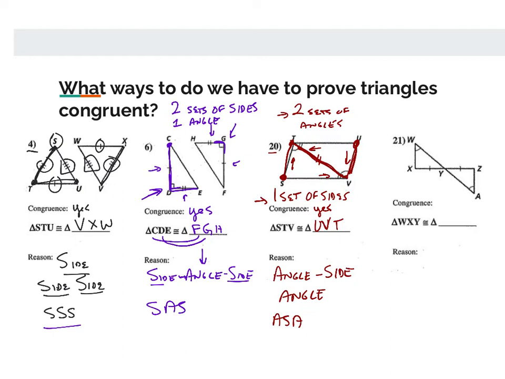Okay, now we're on to our last one. Based on this, I've got this angle, and then this side and this side. Right now I've got one set of angles and one set of sides, but please notice that those two are vertical angles. Vertical angles are always going to be congruent. So I really have two sets of angles and one pair of sides.